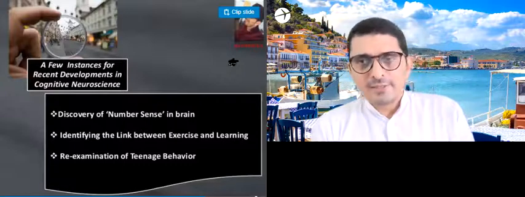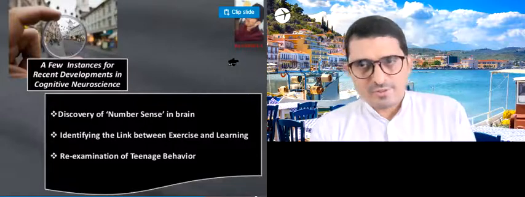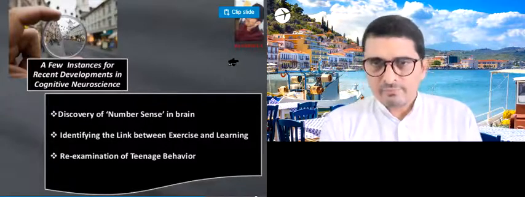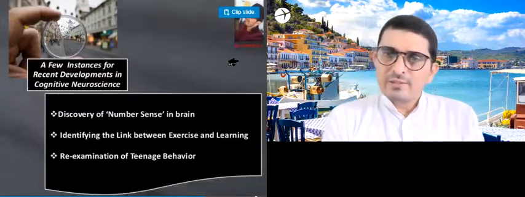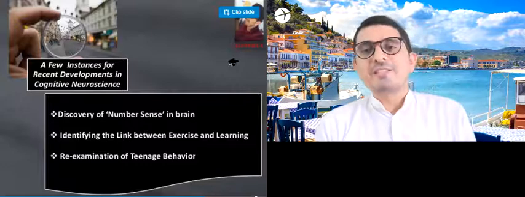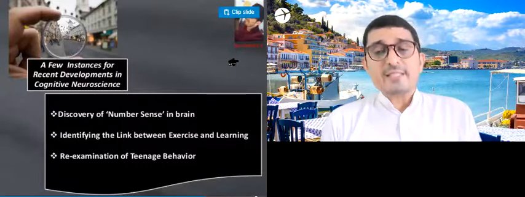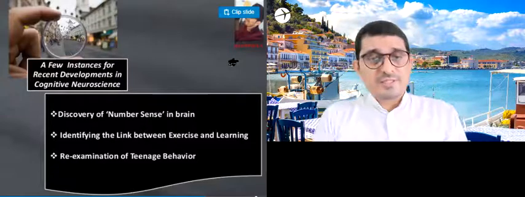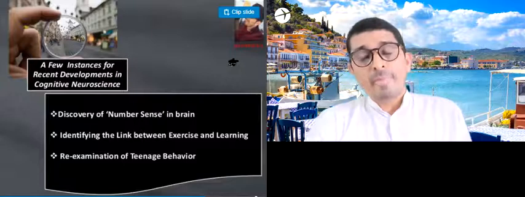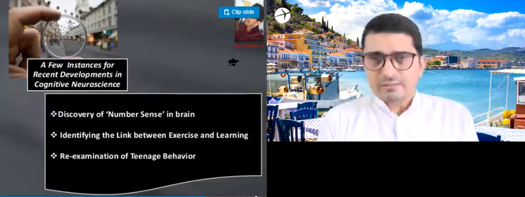And some discoveries were there, the discovery of number sense in the brain. Now, people have discovered there is something called number sense in the brain. So if we systematically use the study of this number sense in the brain, sometimes we will be able to make all the students learn mathematics in a better manner.